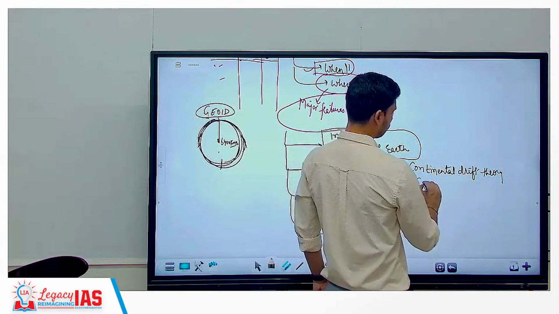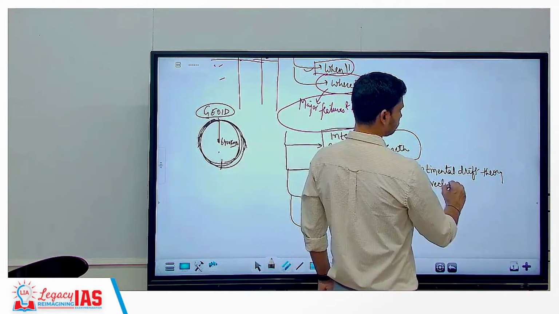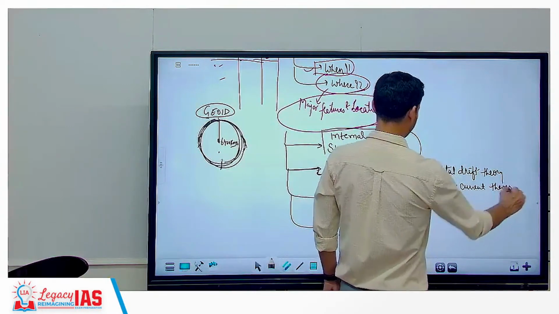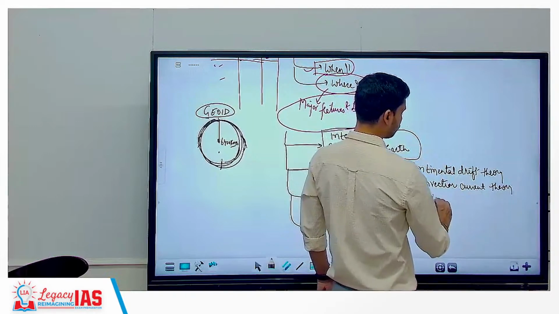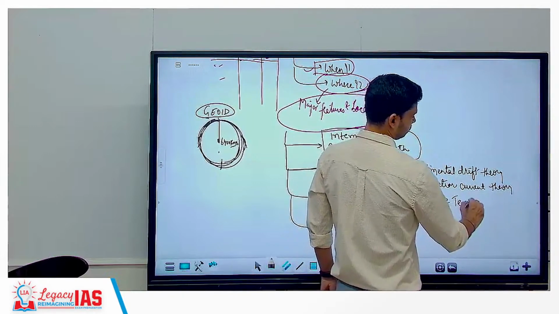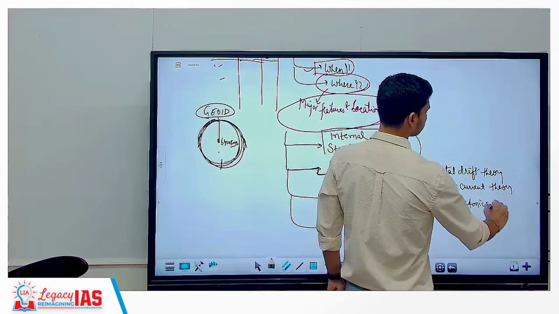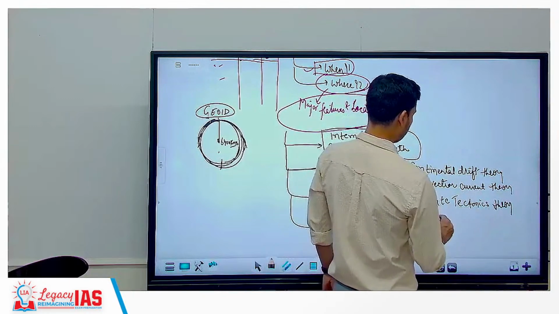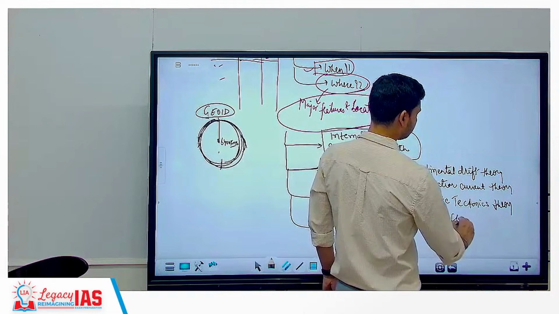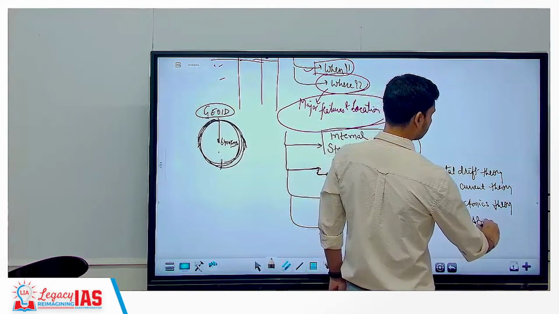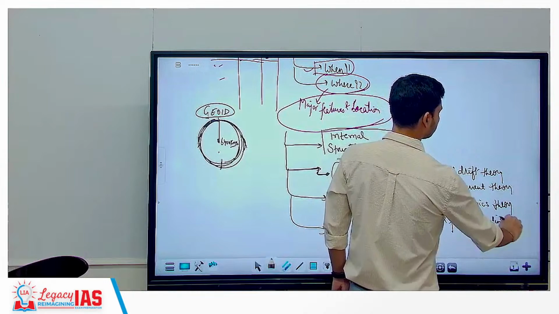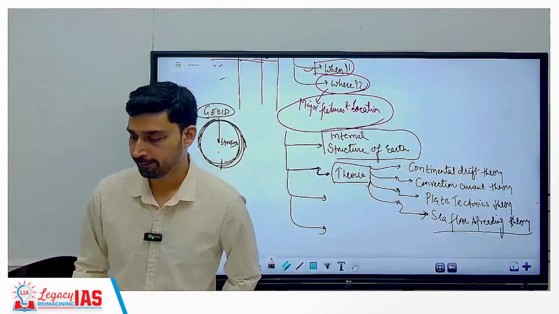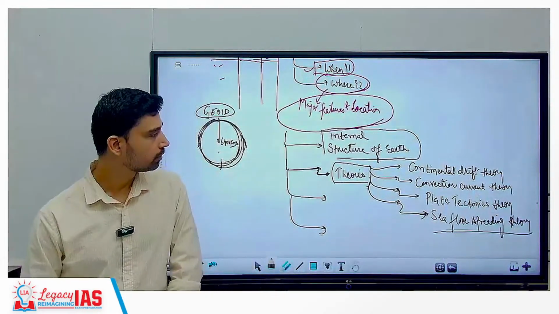The 4 theories that we have to study are continental drift theory, convection current theory, plate tectonics theory, and sea floor spreading theory.